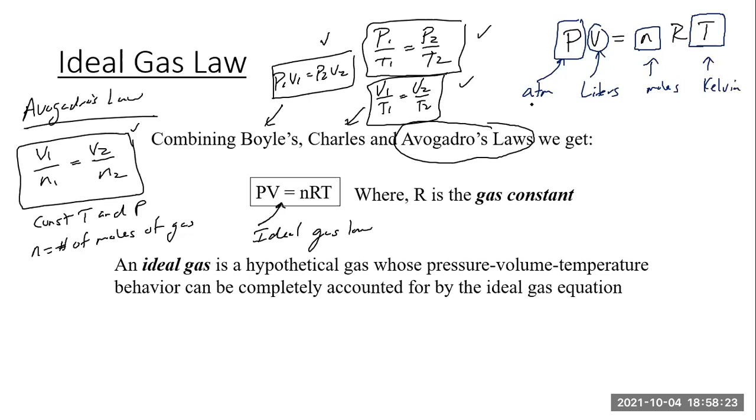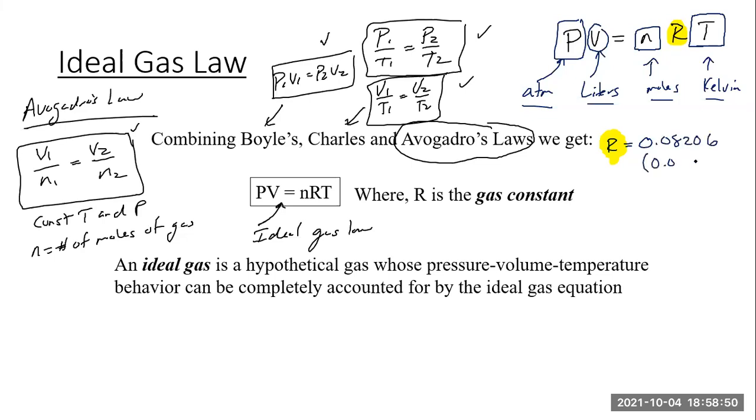You may be wondering, why do all of these have to be specifically in those units? And it's really because of the guy right there, which is R, the gas constant, which means it's a constant value, and it has a value of 0.08206. Some people do round it.